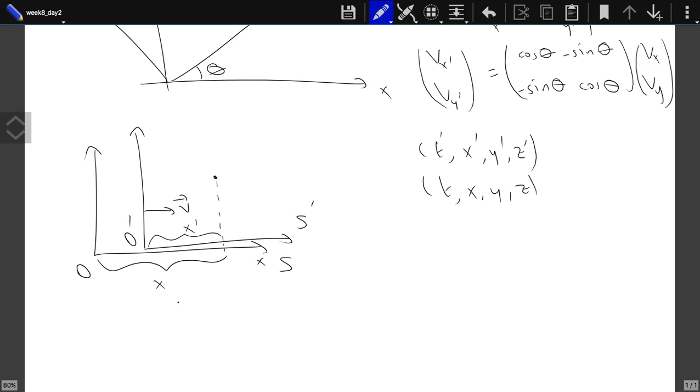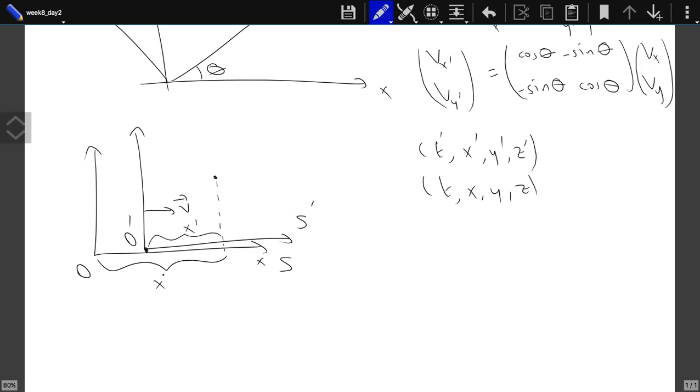Now, in the S reference frame, I will make these simplifications. Let's say at the time T equal to 0, I will assume that the origins are at the same point. That will kind of simplify my treatment.